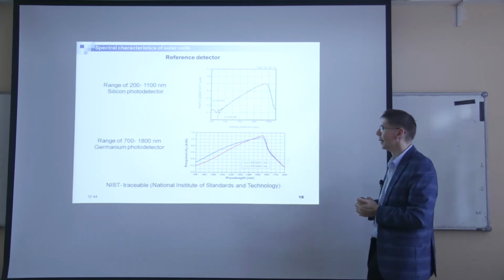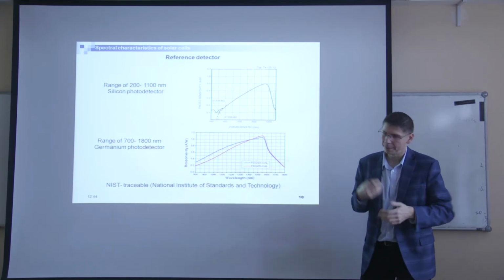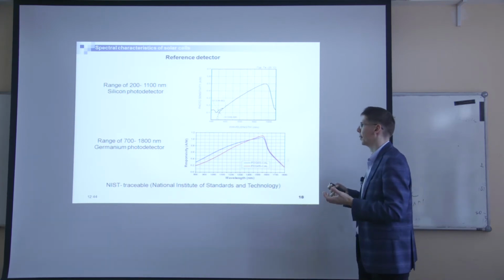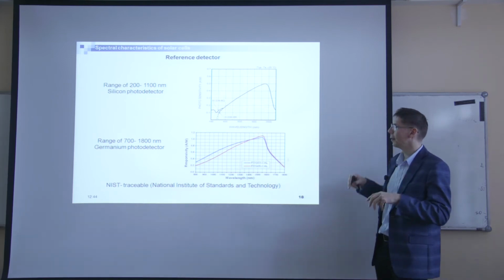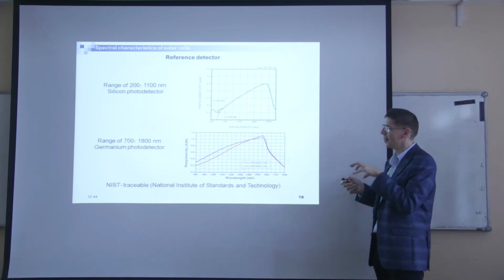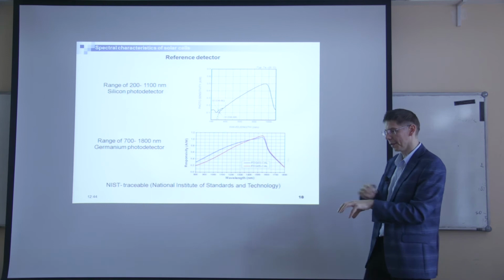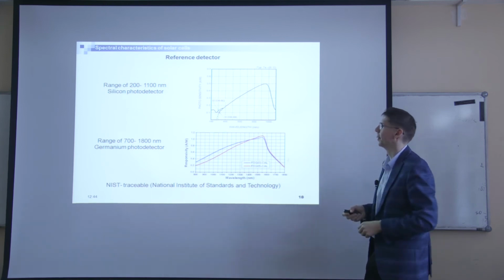So you cannot use just some detector with a typical response. It should have its own response, which means this detector was measured, and the response corresponds exactly to that detector.